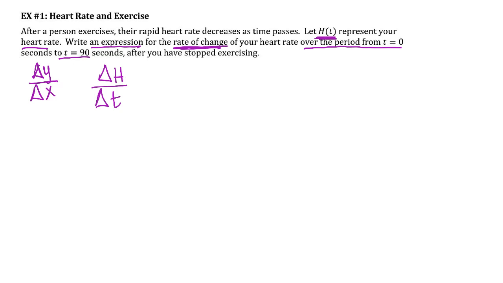Well, wouldn't we need our change from 0 to 90? So I think we would need something like, because here's our function h, so we're going to have h at 90 minus h at 0, and that's all over 90 minus 0. And let's see, we need our rates, and all we have are the seconds there.